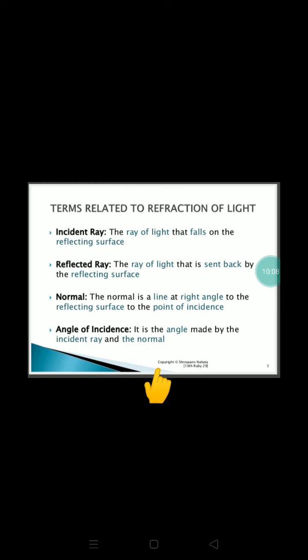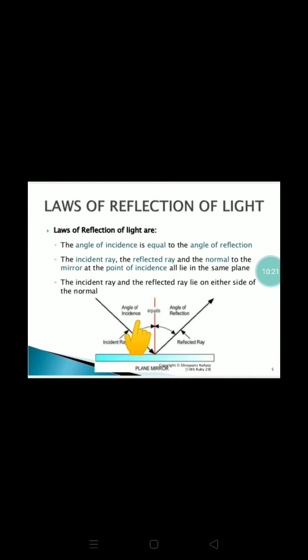Students, is it clear? Okay, then the next term is normal. What is a normal? Normal is a line at right angle to the reflecting surface at the point of incidence. Here, this red line is the perpendicular line to the surface. This perpendicular line is called the normal.